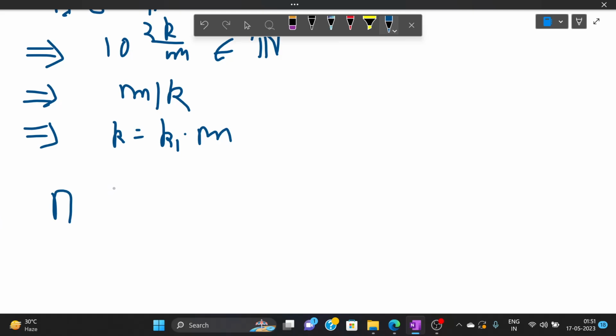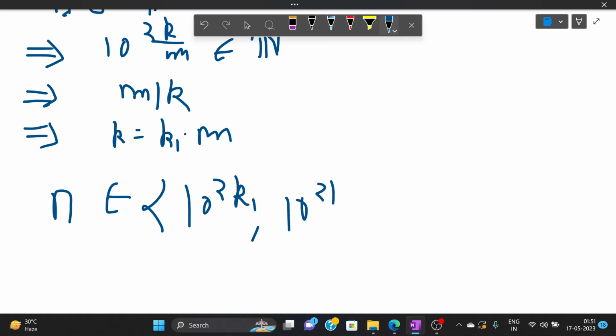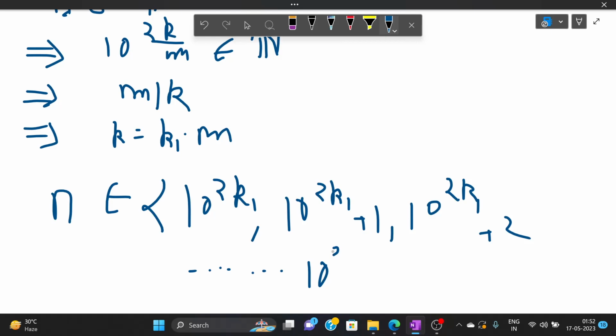So n belongs to 10 to the power of 2k1, which we have already considered, 10 to the power of 2k1 plus 1, 10 to the power of 2k1 plus 2, and up till 10 to the power of 2k1 plus 99.